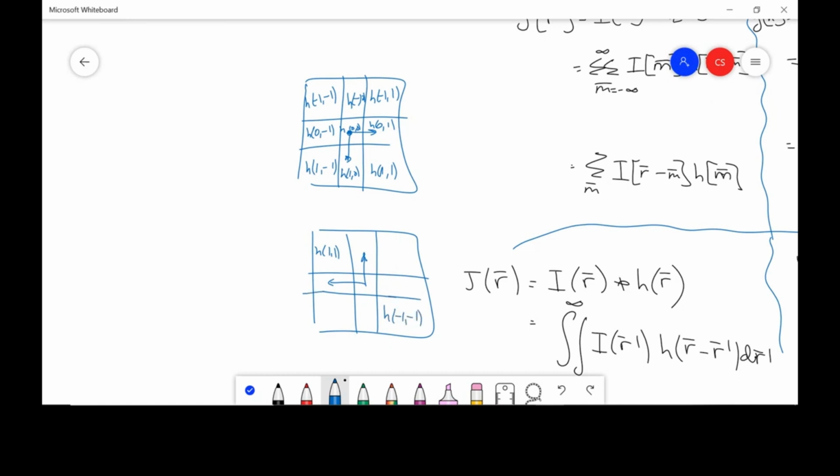But now, this is the n plane, the m plane, in that notation. This signal here was h of r. This image here is h of r minus m. And we are plotting in the m plane.